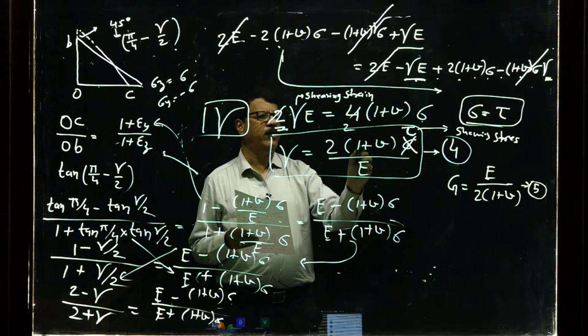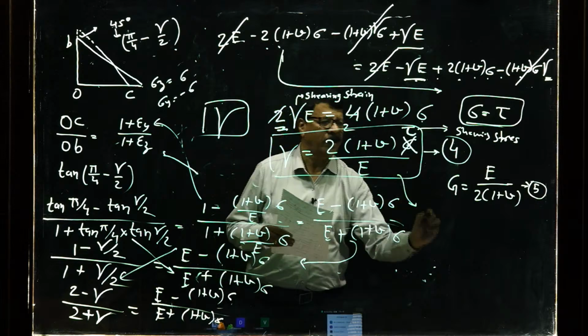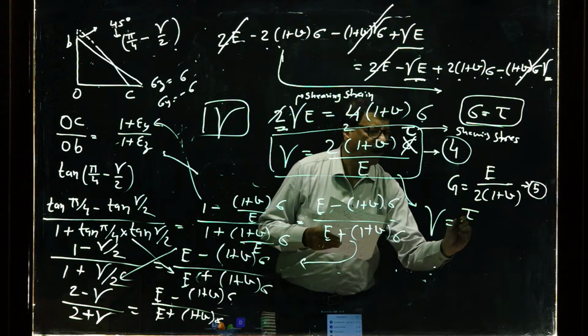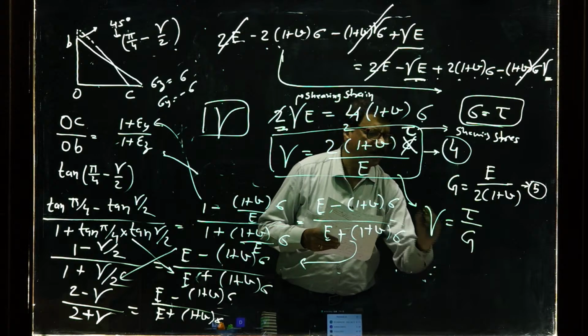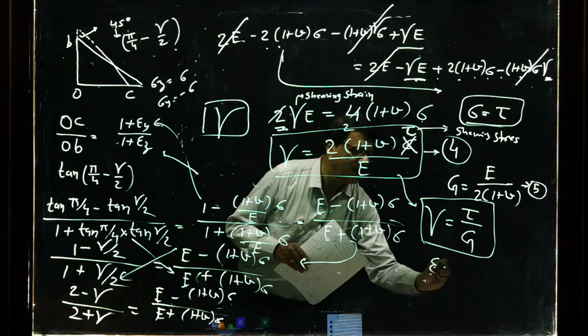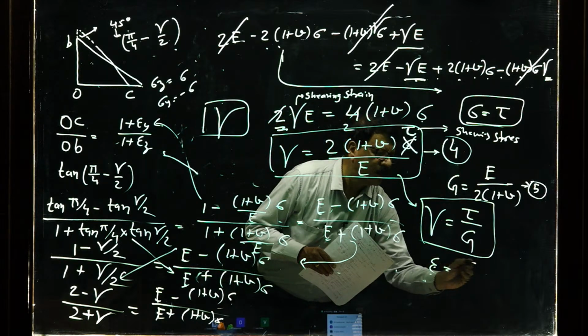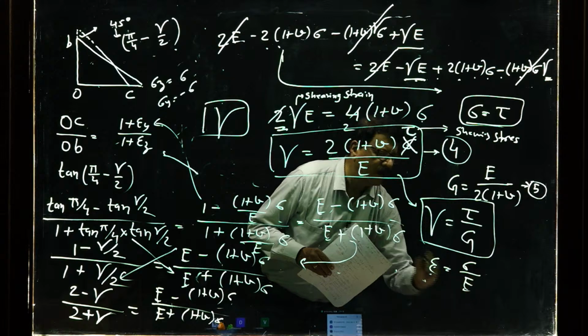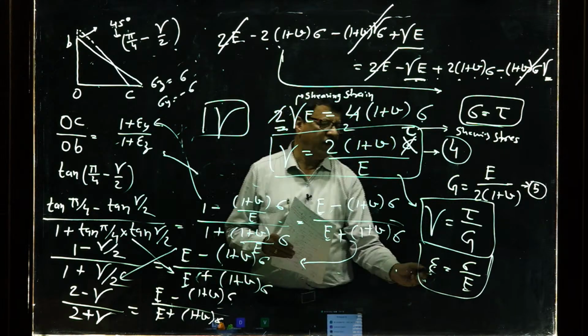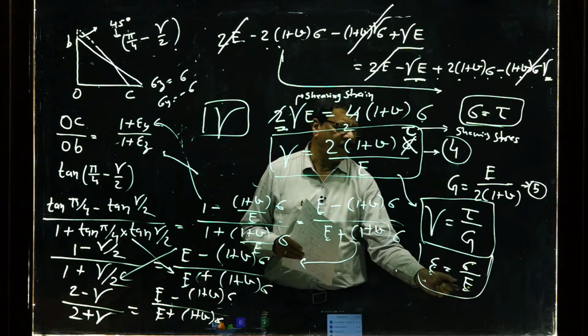Put the value here, so you will get this is equal to tau upon G. As in the normal case, strain is equal to direct force upon E, the modulus ratio.